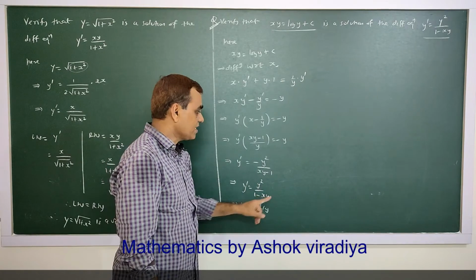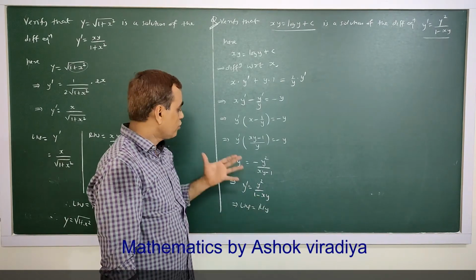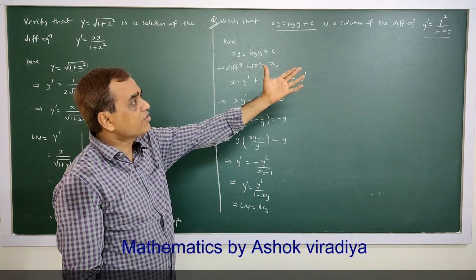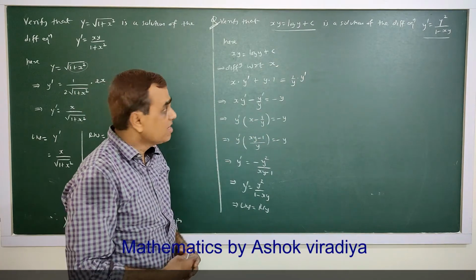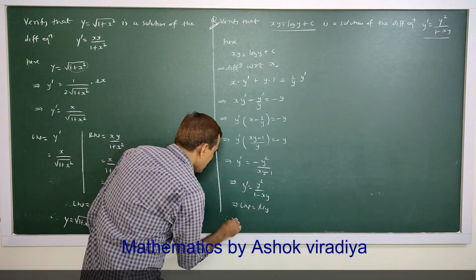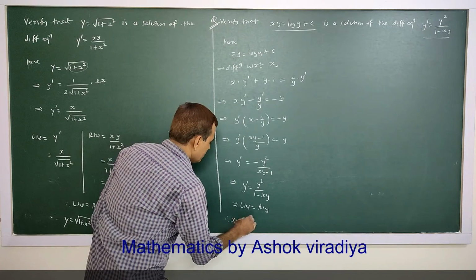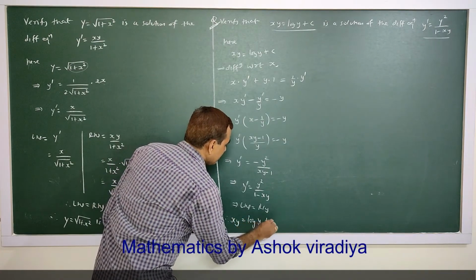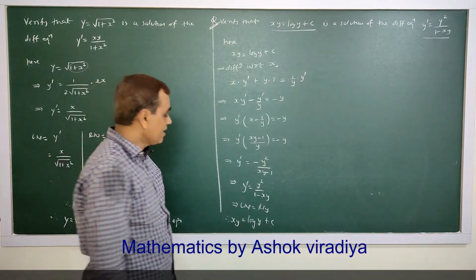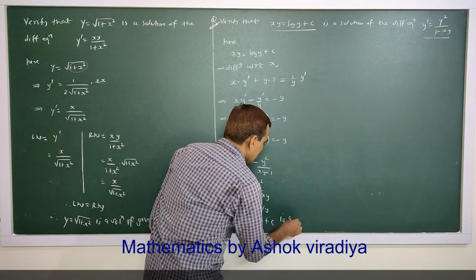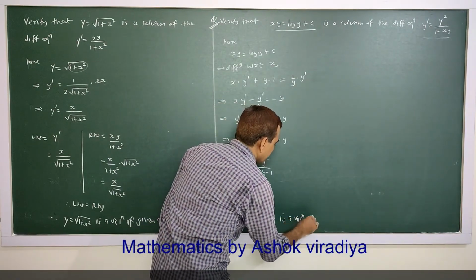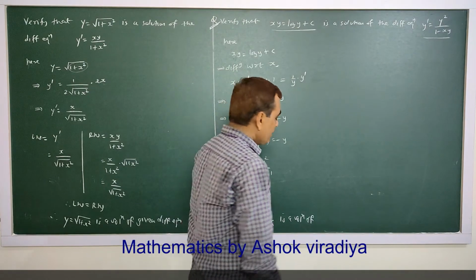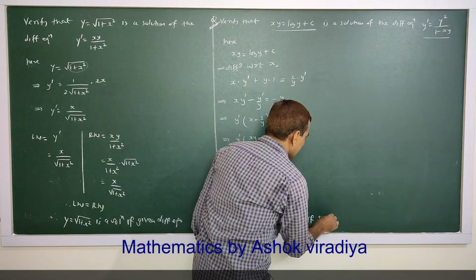LHS equal to RHS, so we can say that the differential equation is satisfied. Therefore xy equal to log y plus c is a solution of the given differential equation.